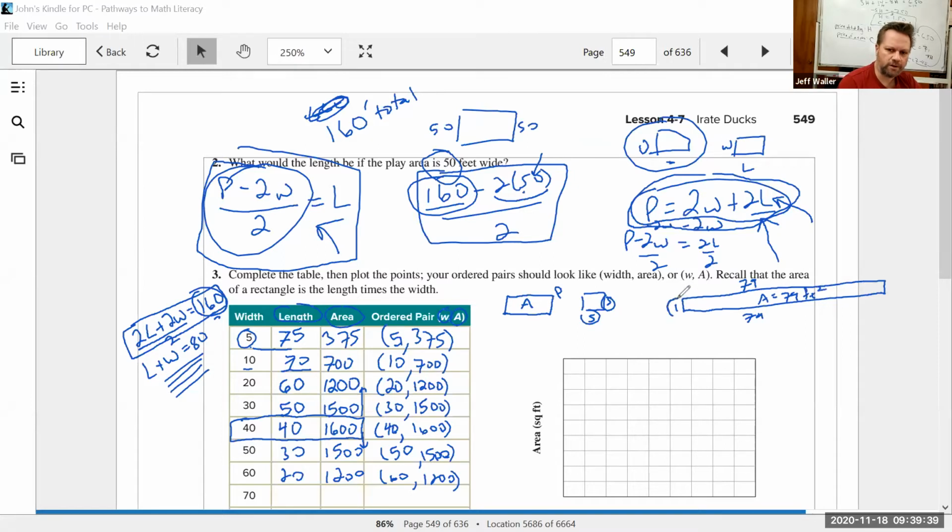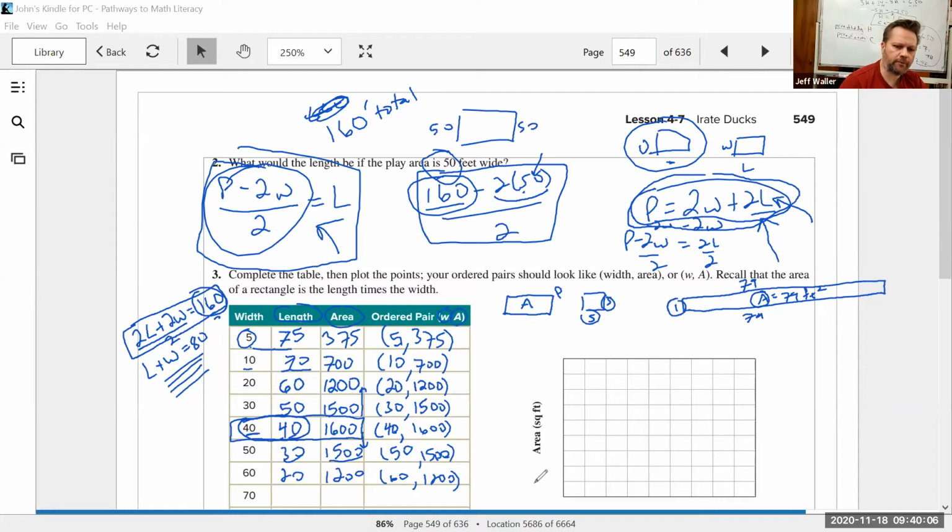So the smaller one dimension is, the smaller the area will be, which means the biggest the area can be is if they're both equal. Because the smaller one gets, the smaller the area gets. So if they're both equal to each other, that'll be the highest.